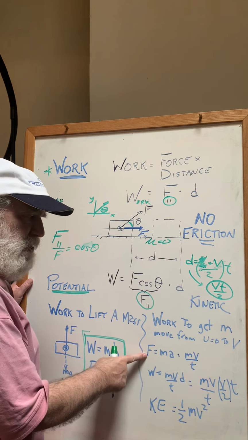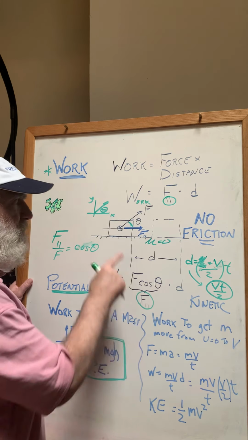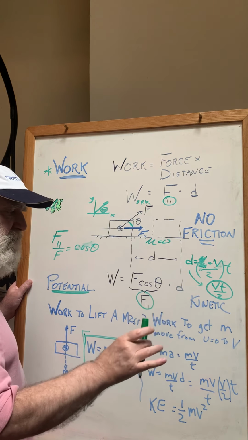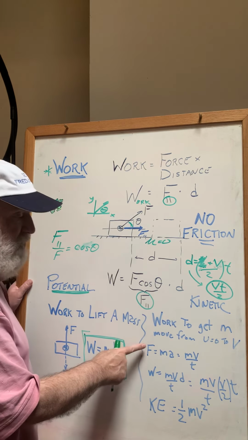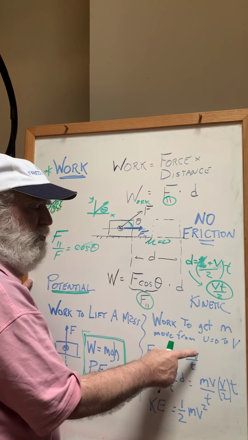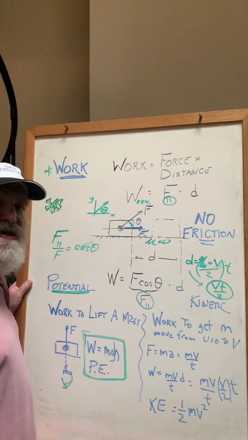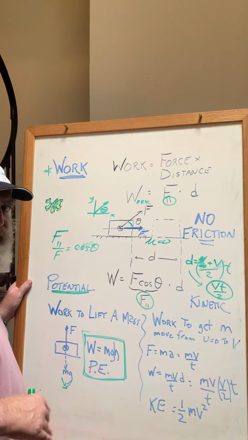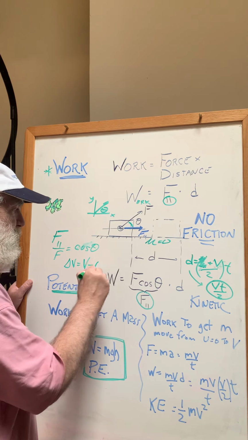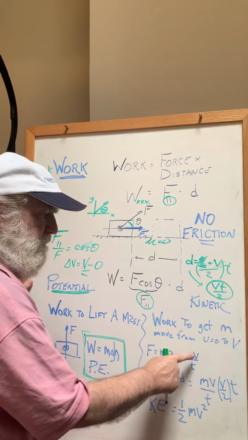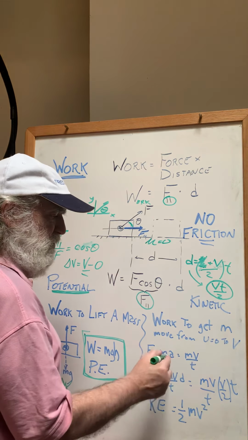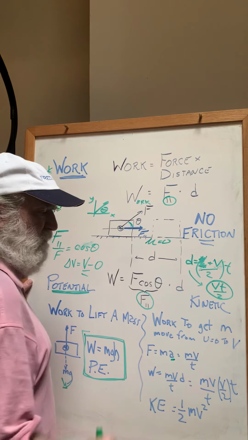So I start with Newton's second law. How much work will it need? How much force times distance is required to get an object moving at a certain velocity v? Well, Newton's second law says F equals ma, so that's mass times a, which is v over t, because a is delta v from rest. v minus 0 is delta v. So delta v equals v minus 0, which is just v, divided by time, to get the definition of acceleration as change in velocity over time.